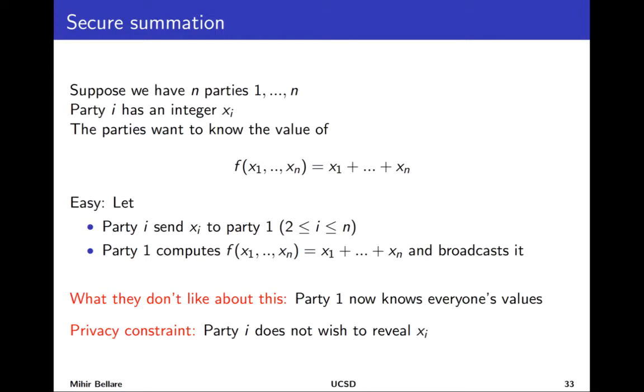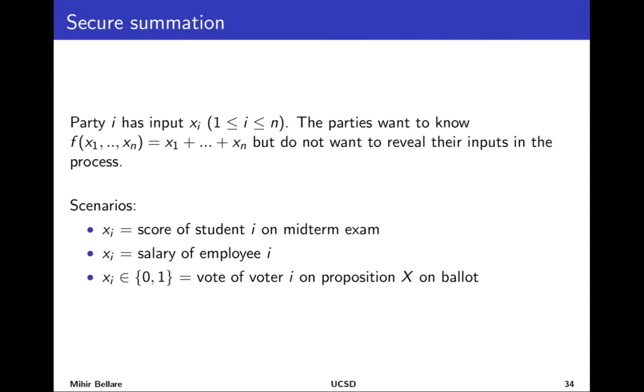So there are privacy constraints on these integers, and parties don't really want other people to know what their value is. So it's a problem if party 1 finds out everyone else's values. But despite the fact that each party wants to keep their own value secret, they are actually curious to know what the sum is.